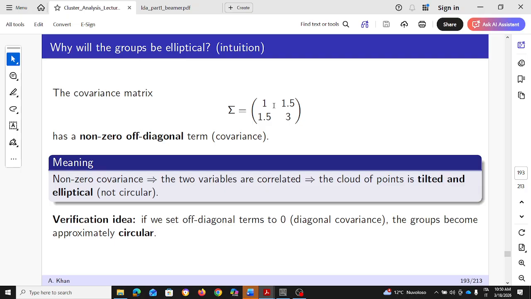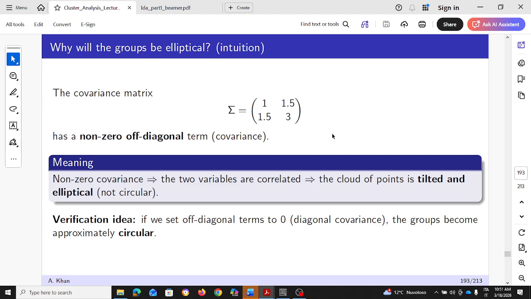If there is covariance, this means the points are correlated to each other. If the points inside a cluster are correlated to each other, we don't have a spherical cluster. Now we have elliptical or tilted or any other shape of cluster, because of these covariances.